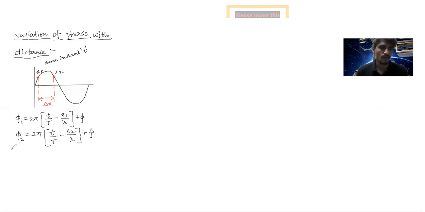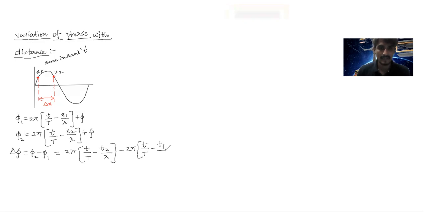Initially, from where the particle or the wave started, that initial phase does not change, right? Therefore, let us write the change in phase. Delta phi is equal to phi 2 minus phi 1, which can be written as 2 pi into small t by capital T minus x2 by lambda, minus 2 pi into small t by capital T minus x1 by lambda.